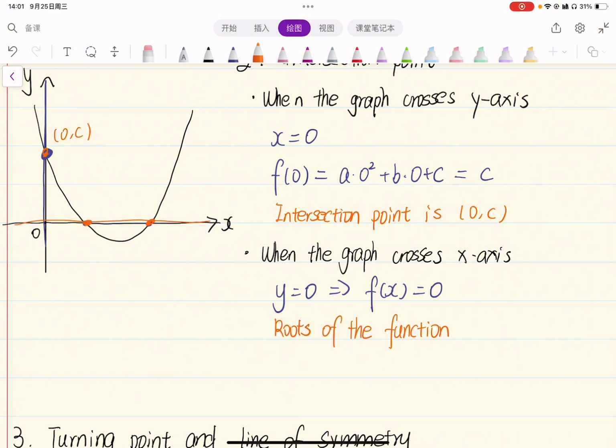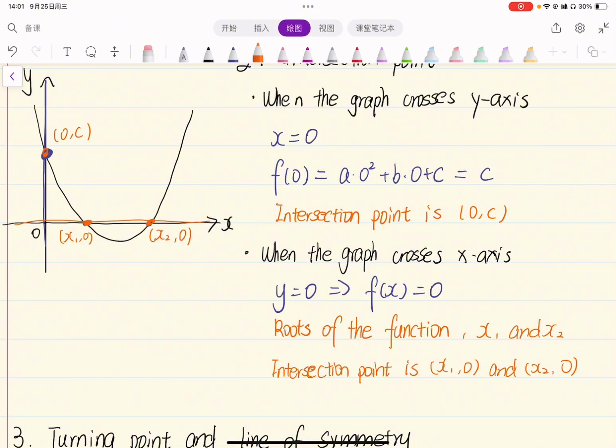So in this graph, we have two roots, let's say x1 and x2. So the intersection points are (x1, 0) and (x2, 0). So that is (x1, 0), (x2, 0) here.